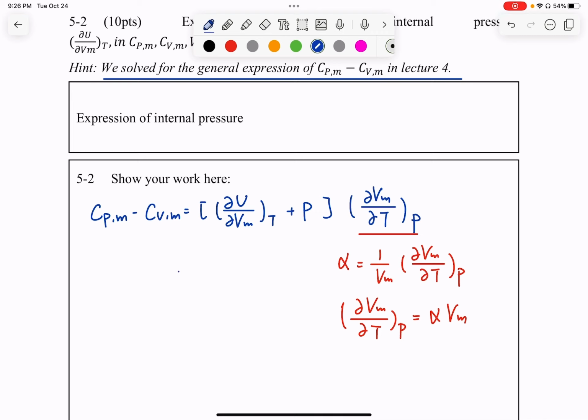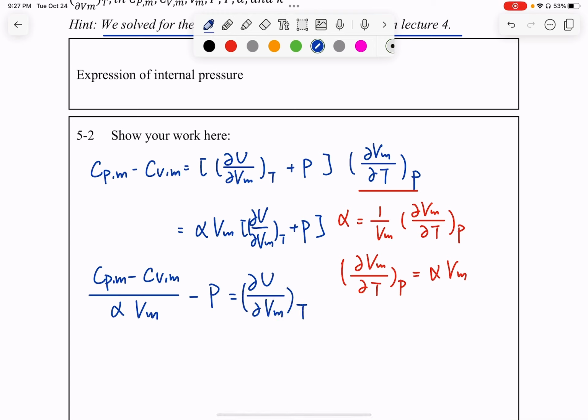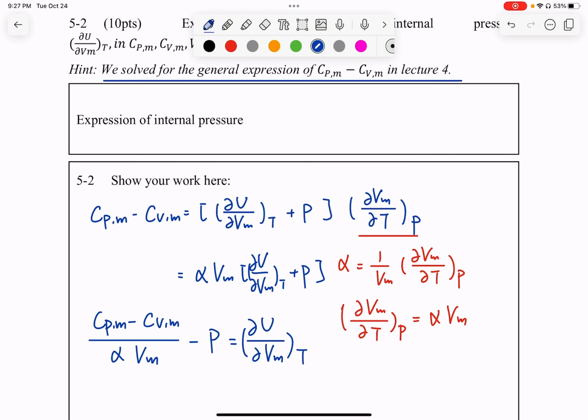So this thing becomes alpha Vm times dU over dVm at constant T plus p. All right, and then we're just moving terms. So we have Cpm minus Cvm divided by alpha Vm, minus p, gives you the partial derivative of U over Vm at constant T. All right, so that's something we want.